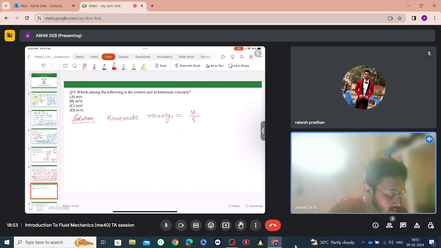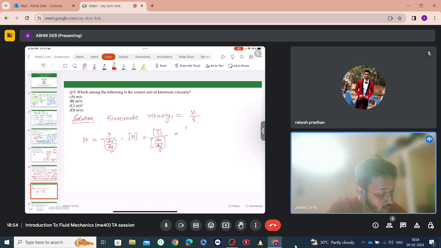Let us first start with the unit for mu. Mu is tau divided by du by dy. So the dimension of mu will be the dimension of tau over the dimension of du by dy.